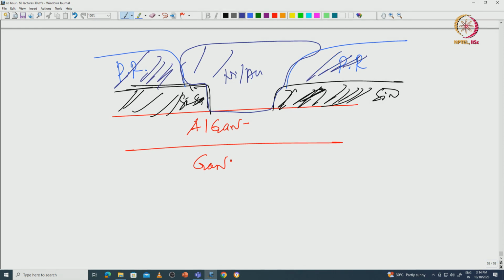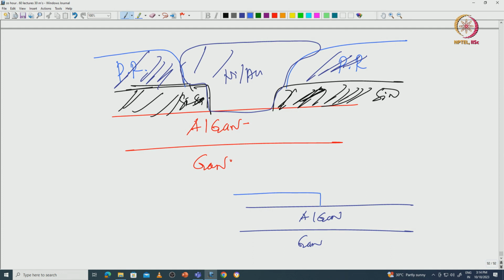So eventually it will look like this: you have AlGaN, you have GaN, and then you have a layer of silicon nitride like that, and then finally on top of that you have a gate like that. This is like a T gate at a simple scale.